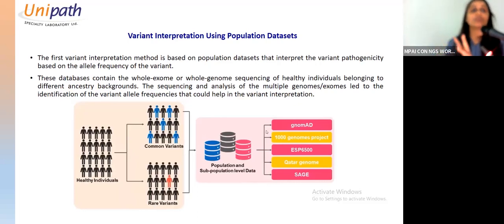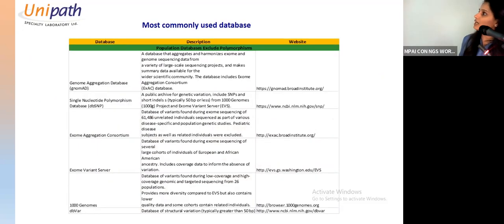If you are checking, it's necessary to first check the global frequency. Along with that, you need to check for SAS, the South Asian population, because some of the population is very much Indian. So that's why you can make decisions on that basis. These are the list of the databases which can be used for filtration of the variants.